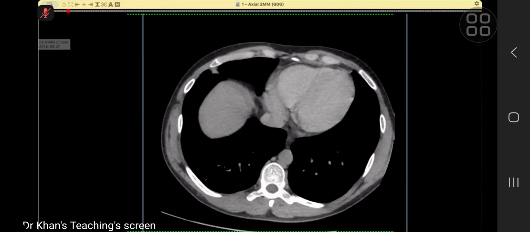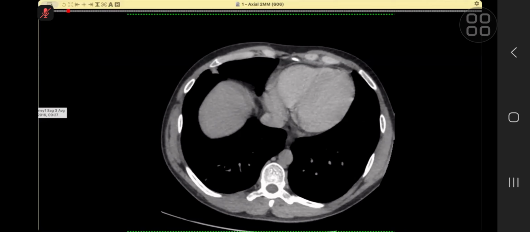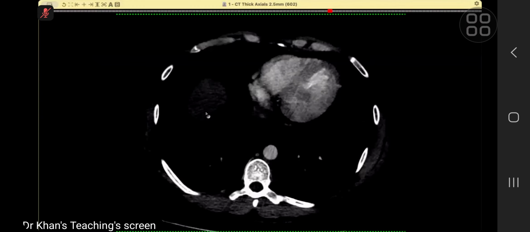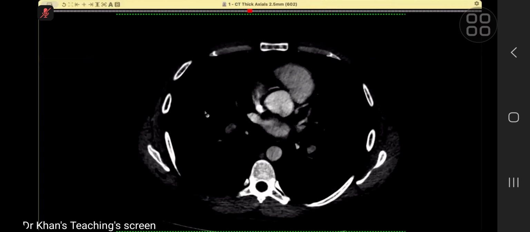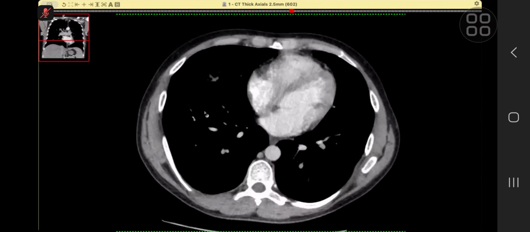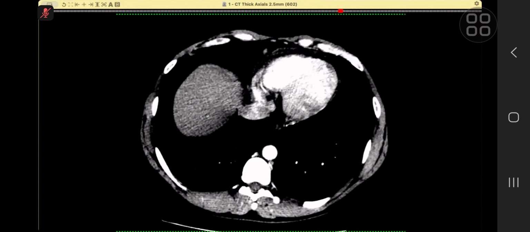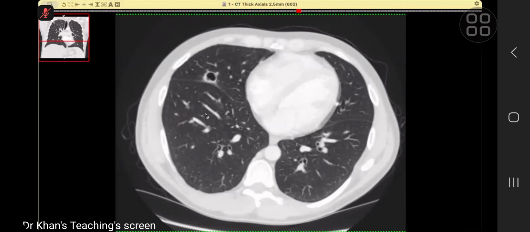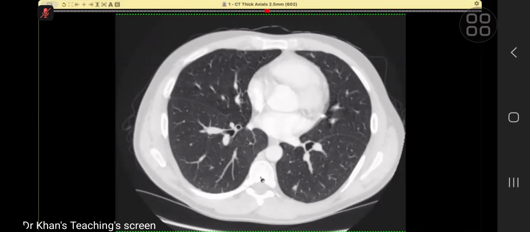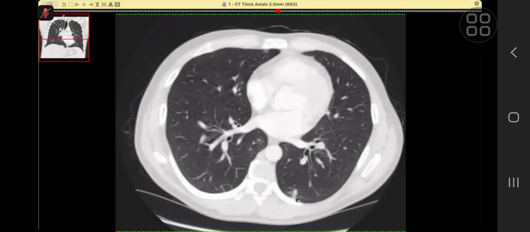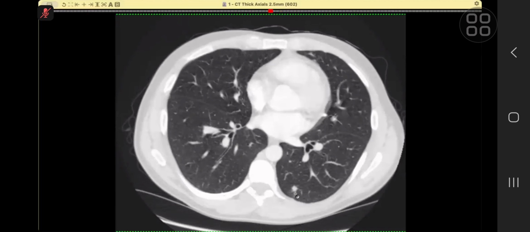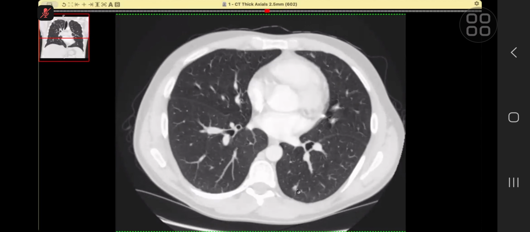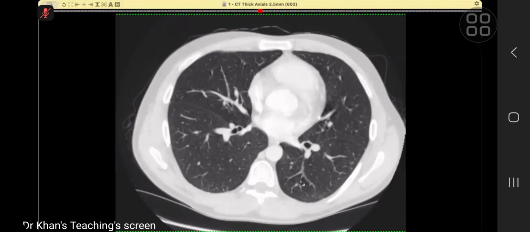And then we go to the chest part of it. So for example, there is a nodule here, and let's trace it. And there is a bit of wedge shape here, isn't it? You will trace it, and you can see a feeding vessel here.